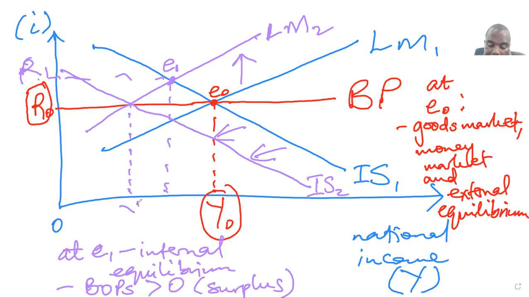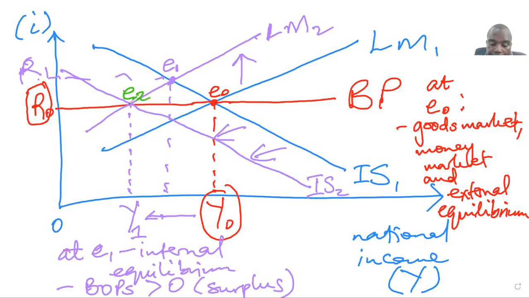And in the final analysis, our level of national income will shrink from Y0 to Y1, and a new equilibrium will be reestablished at point E2.